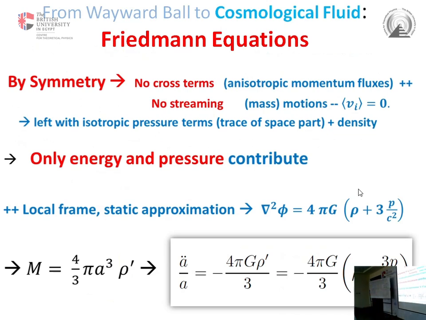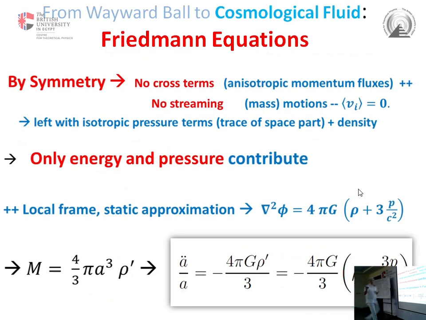You can show that, and I can show you how to do it in detail. But I think it's fairly intuitive enough, and I'll show you another way of getting the same result. You can do it in the weak field and quasi-static approximation, which is what we need if we want to derive a Poisson equation originally from relativity. You can show that this is possible.